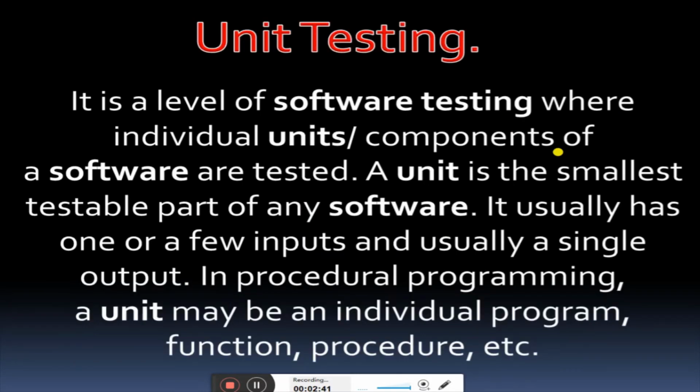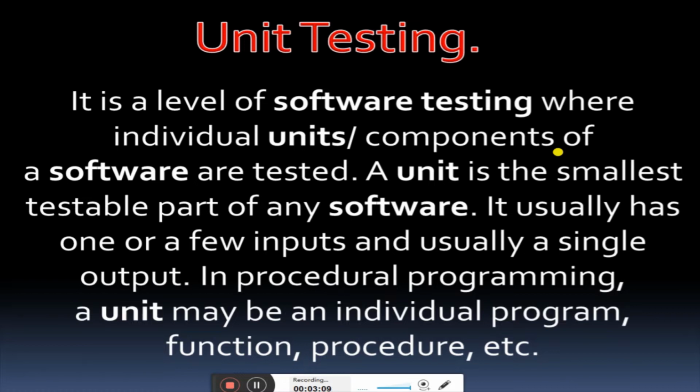Now friends, we have to see what is meant by unit testing. First of all, I am clearing here what is a unit. Unit is a part of something. It means we are dividing our software into several parts, and the parts are called units here. Why are we dividing it?